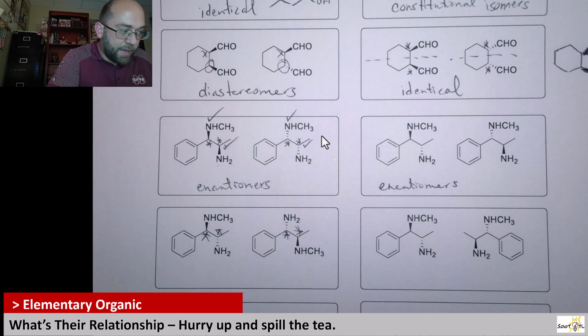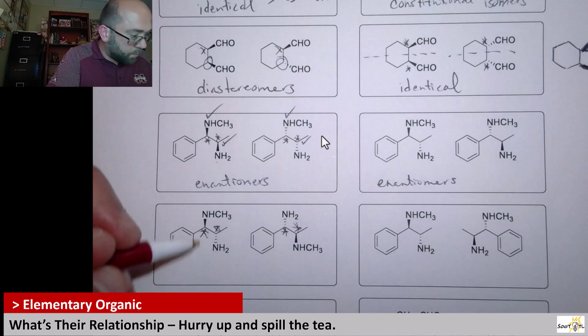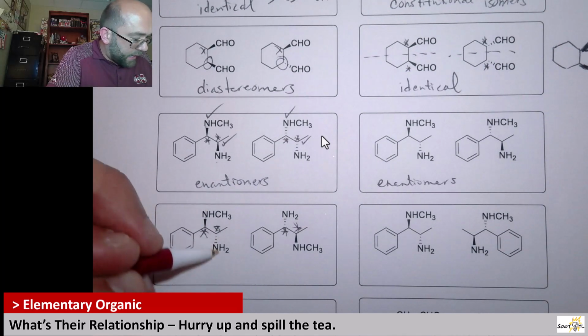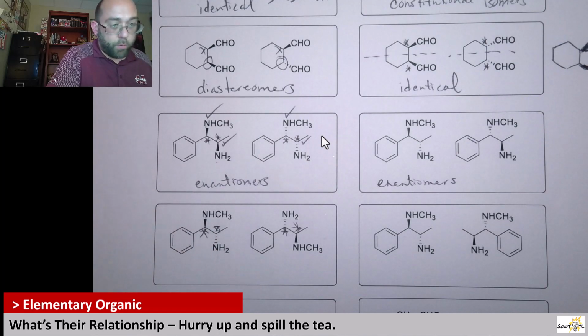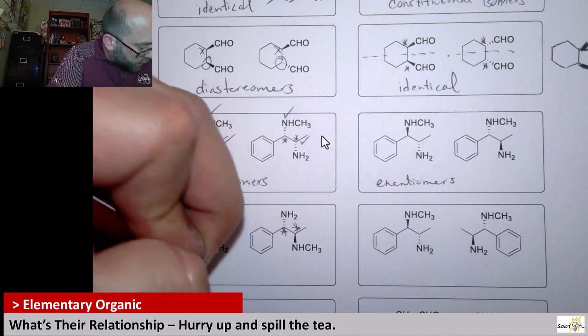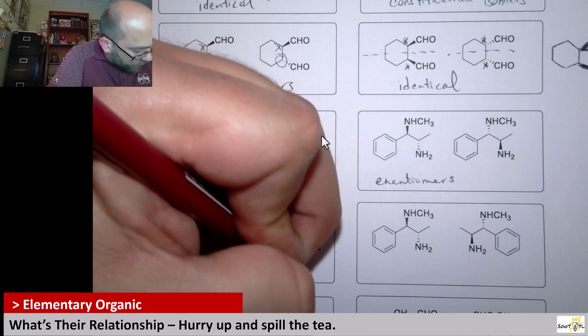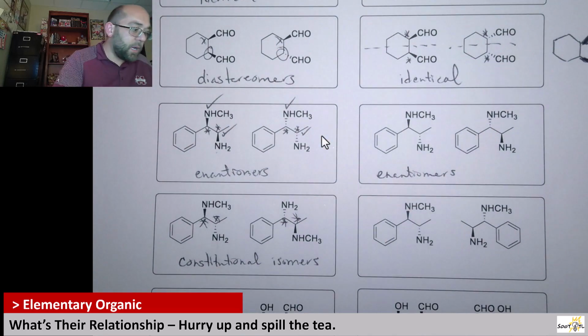So this can't be enantiomers, diastereomers, and they can't be identical, because both of them would have to have an NH2 here and an NHCH3 here, or vice versa. So the only thing these can be are constitutional isomers.